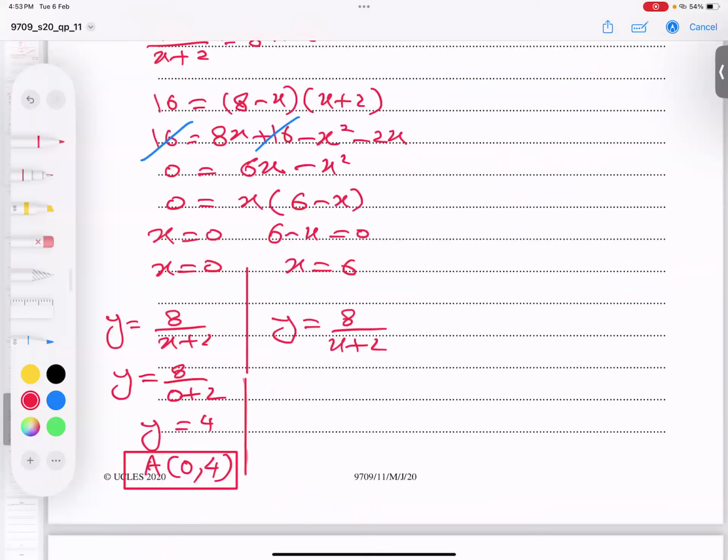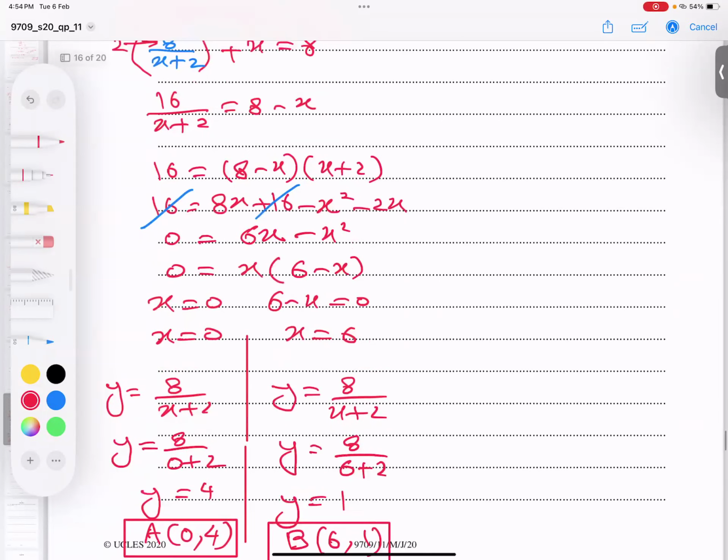And when I go about the second part, 6 will go here. So 8 over 6 plus 2, 8. Hold on, maybe some mistake. Okay, so this is becoming 1. So I got a 1, so it means B coordinate, I got 6 comma 1. So Alhamdulillah Rabbil Alameen, I got the B coordinates too.